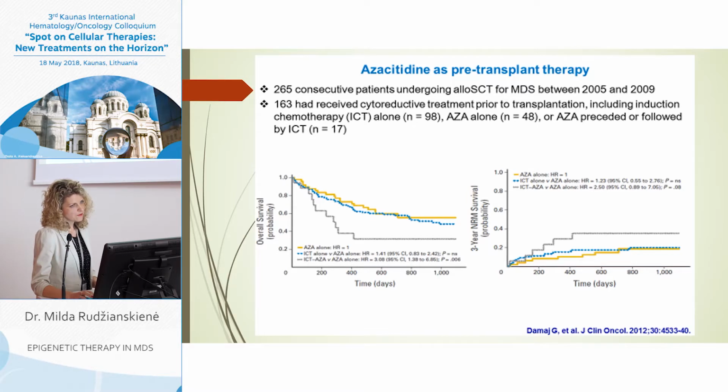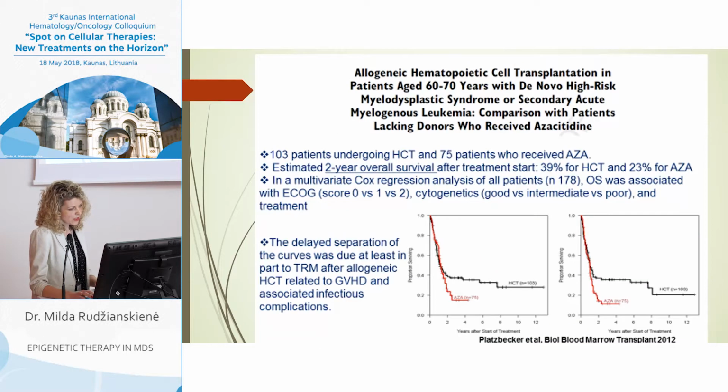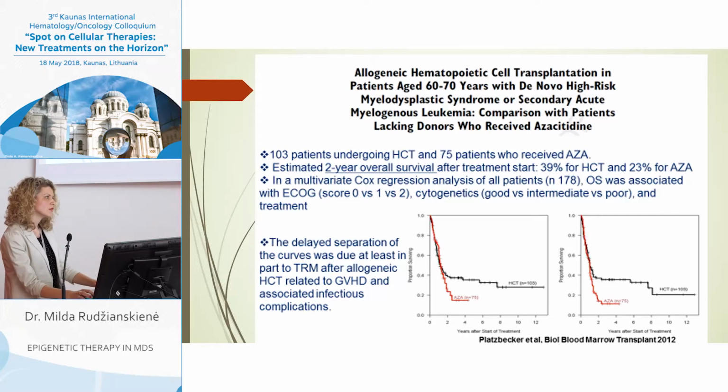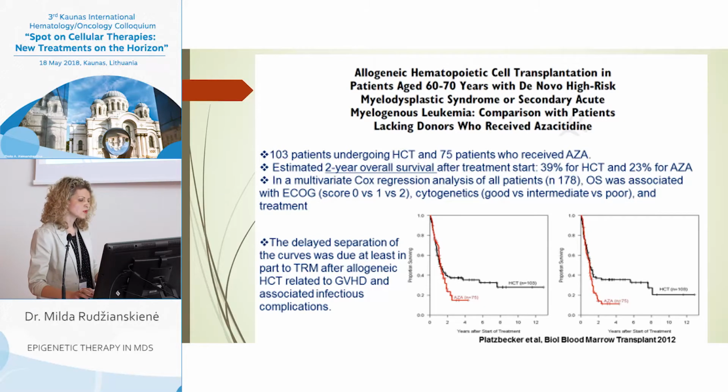So maybe azacitidine and/or other hypomethylating agents could be the option to treat patients before allogeneic stem cell transplantation. Should we continue azacitidine if the patient has received a response, instead of allogeneic transplantation?